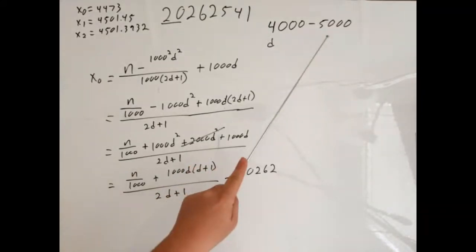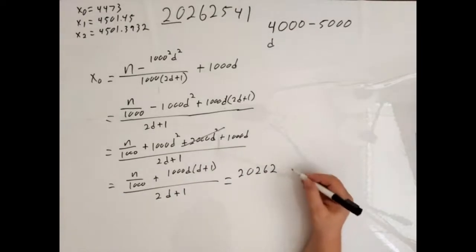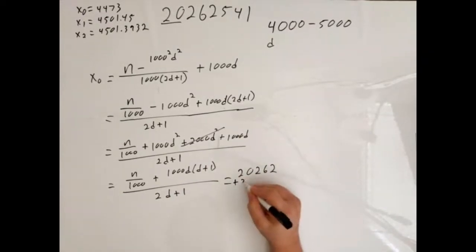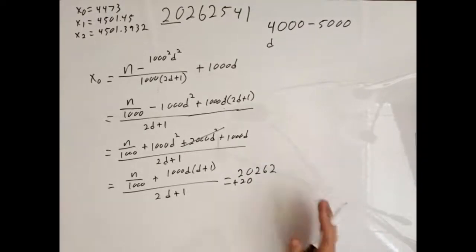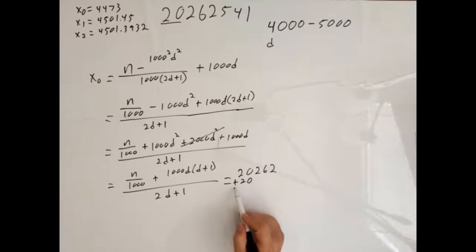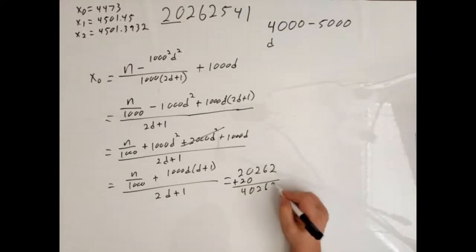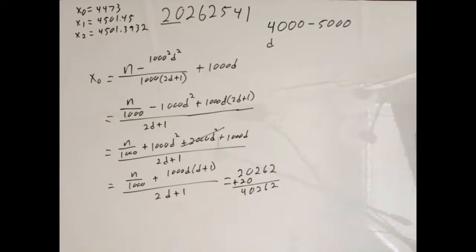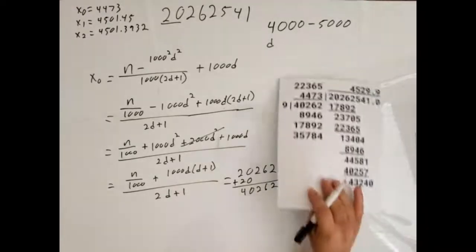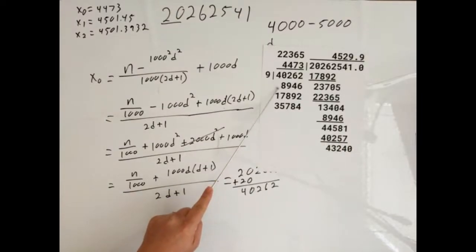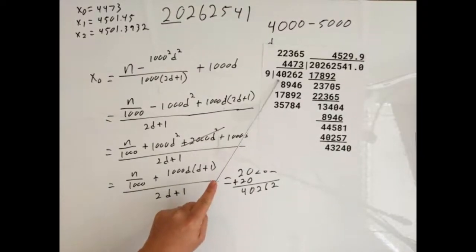D plus 1 is 5. So, plus 20, and then the 1,000 means just shift it over 3 decimal places. So that is why we end up doing 40262, which shows up here in our original method. That's why we do that.